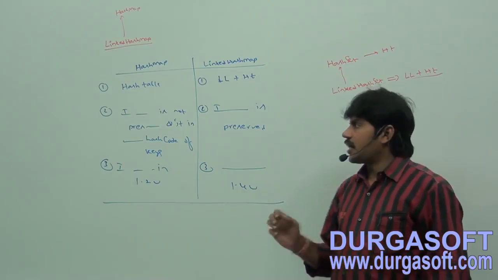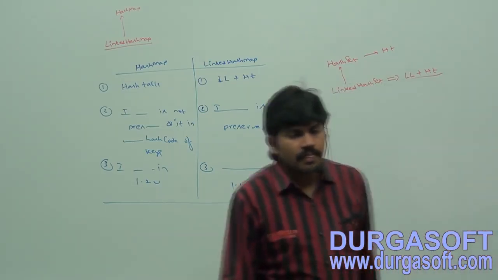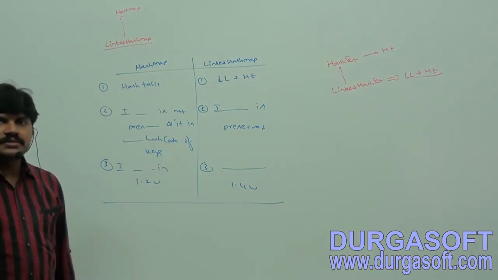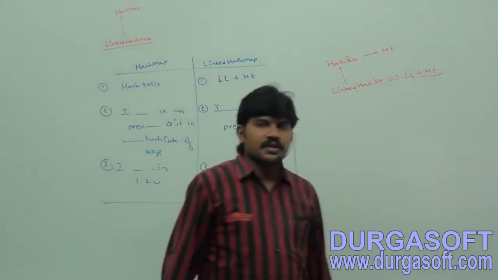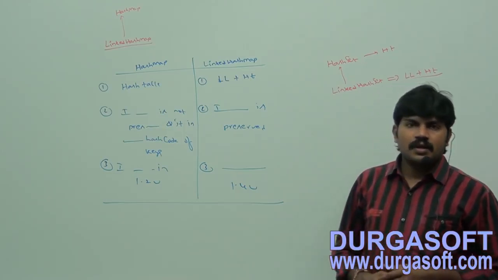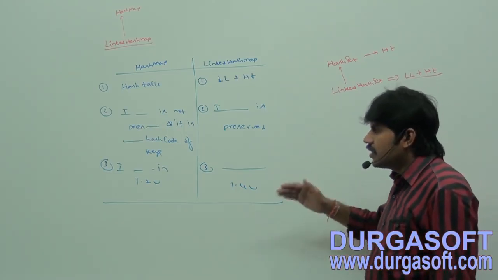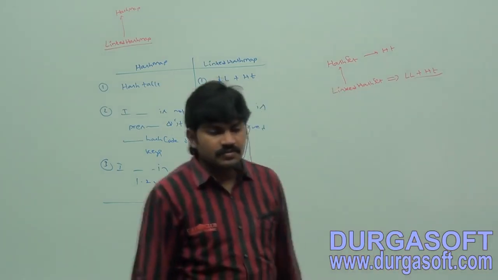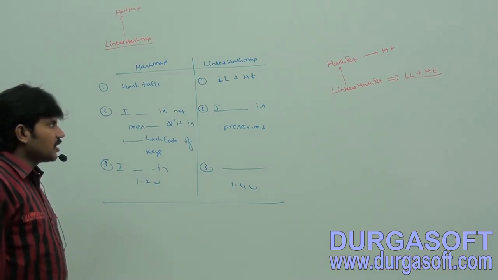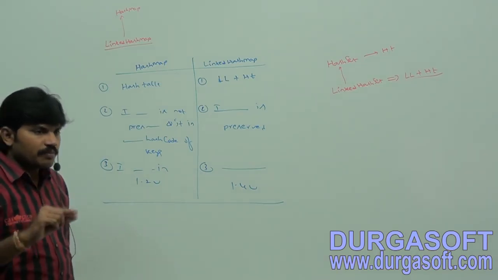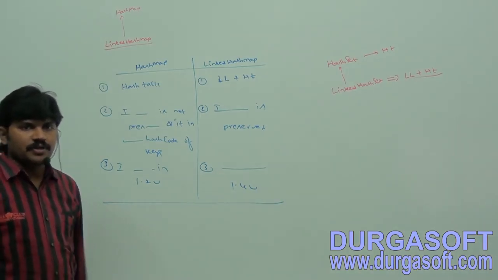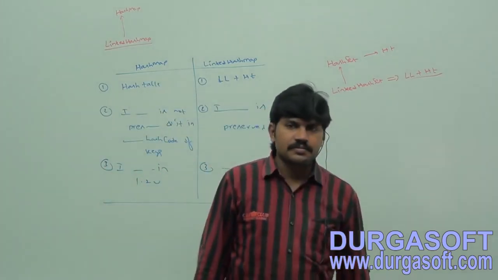On the other side, the underlying data structure is a combination of linked list and hash table, a hybrid data structure. Hybrid means mixed combination.